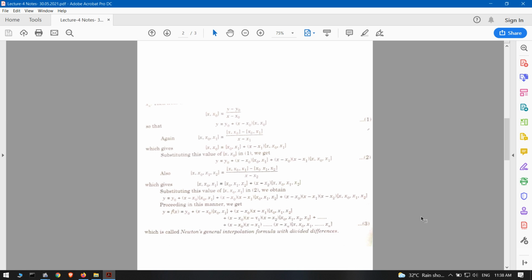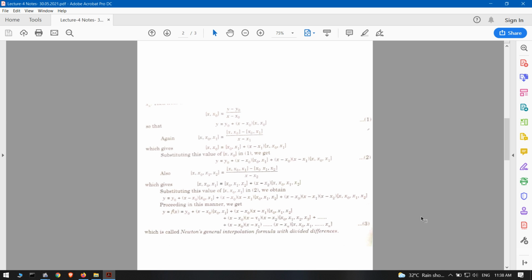Now see that a particular table is there, but suppose you are asked to find the value. Suppose x equal to 1, 2, 5, 7, and the corresponding y values are given. Now you are asked to calculate the value for x equal to 5.5. In that sense we are going to calculate the divided difference 5.5 comma x0. So x is a variable here because we want to find the polynomial.